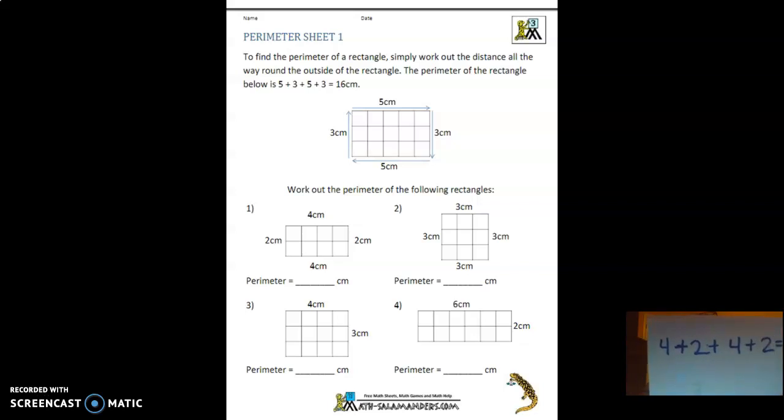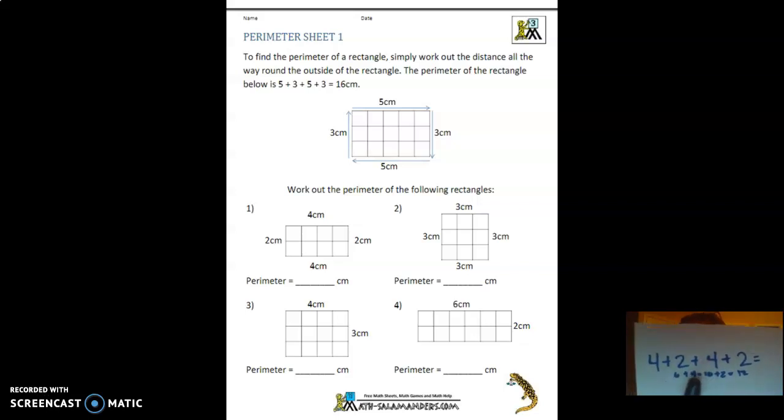So, this is how we're going to do it. You're going to add 4 plus 2 plus 4 plus 2. So you add these together. You see right here? 4 plus 2 equals 6, right?